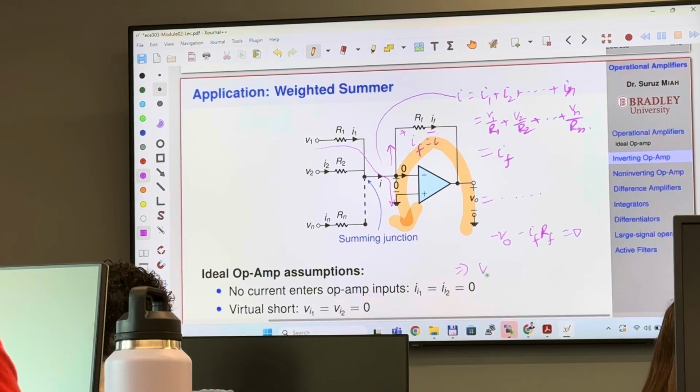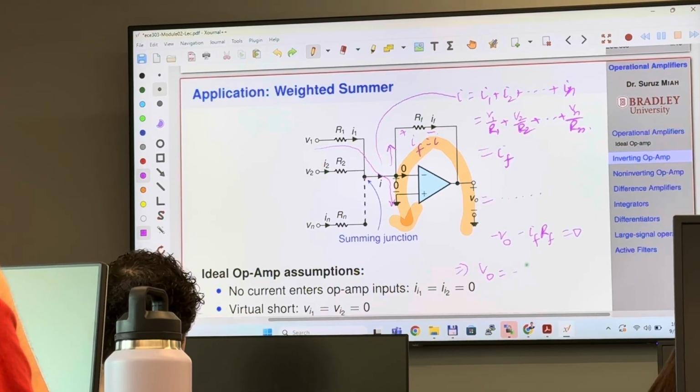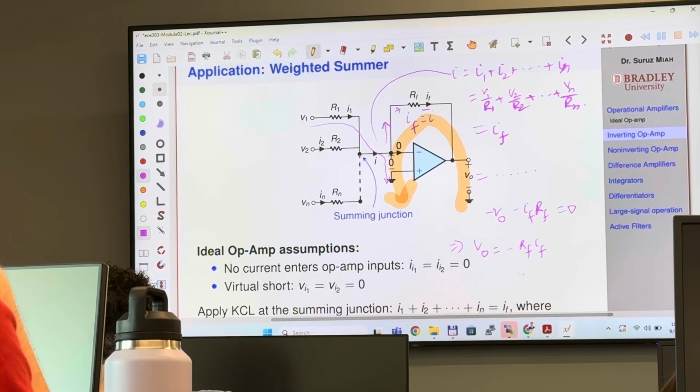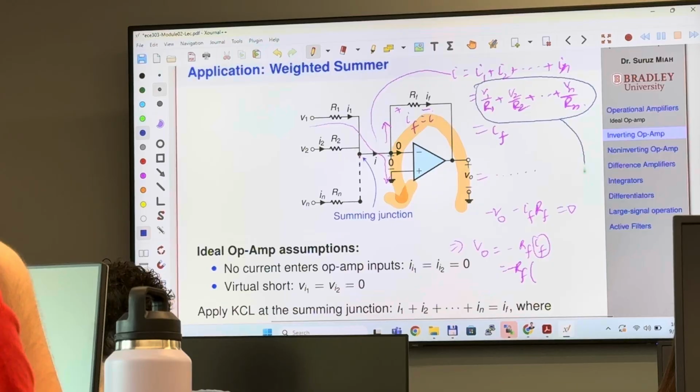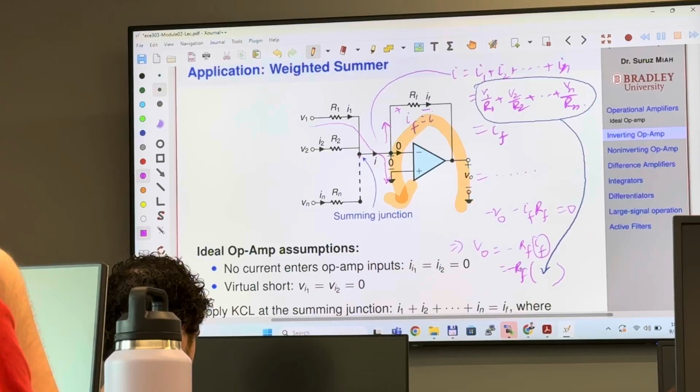So in that case, V naught is going to be negative I_F RF. Now you can write negative RF times I_F is simply whatever you write right here. I'm going to use a color and you put it right here. So this is the expression.